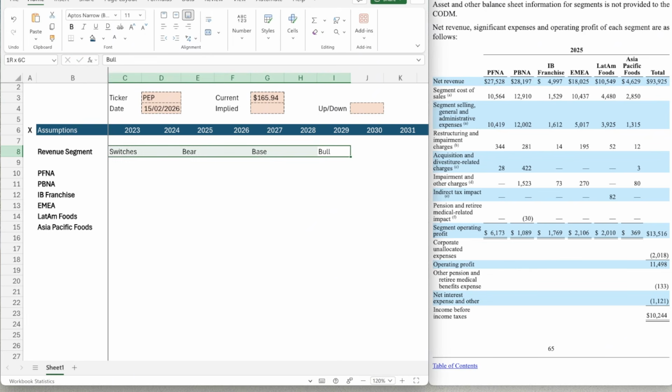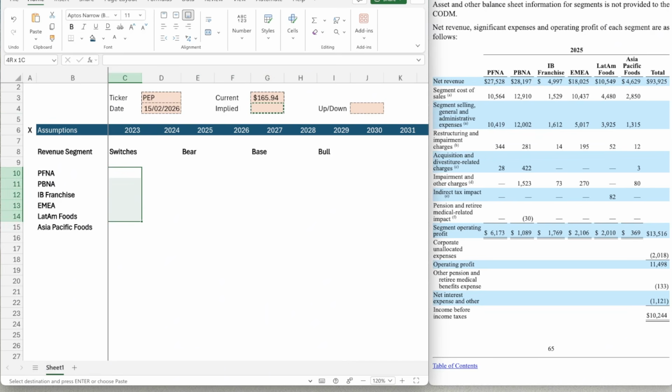These will make sense once we build out the first one. I'll show you how to do that when we get to it, but for now, let's not worry.